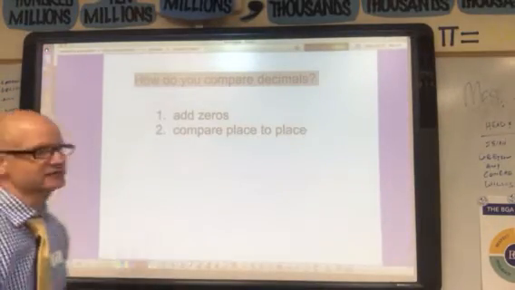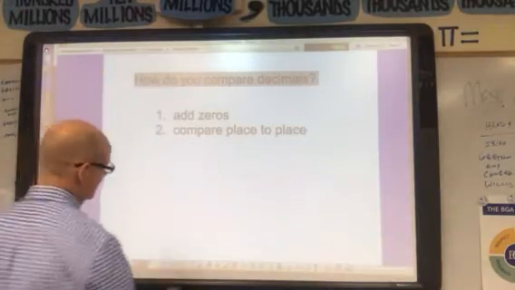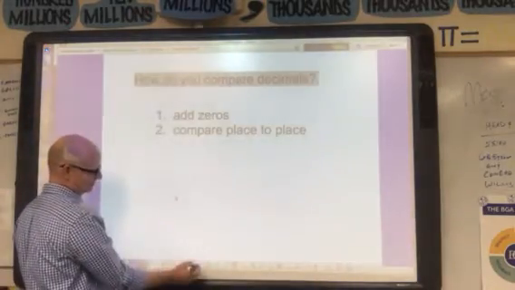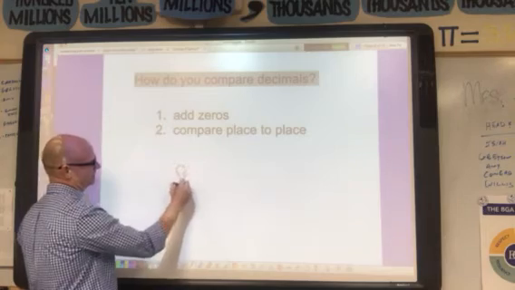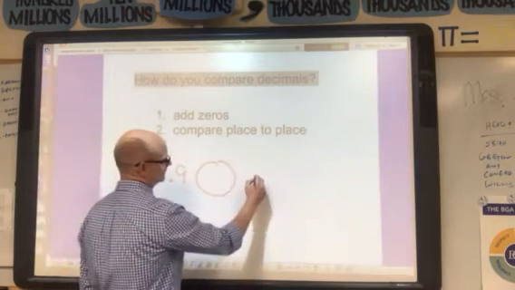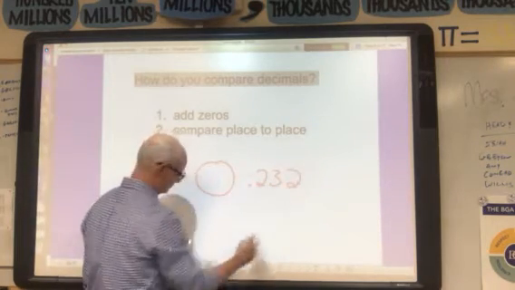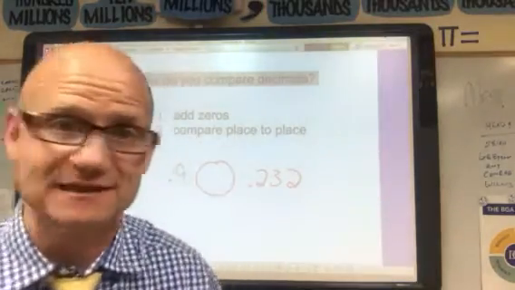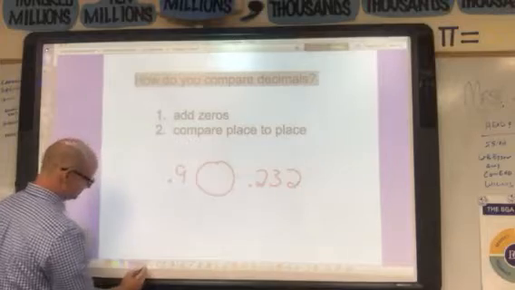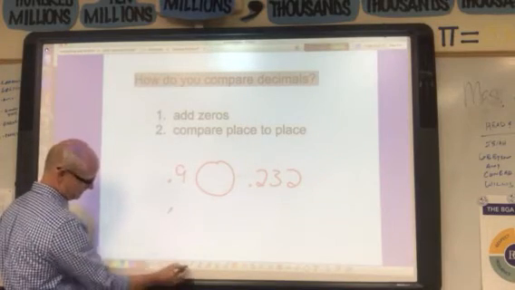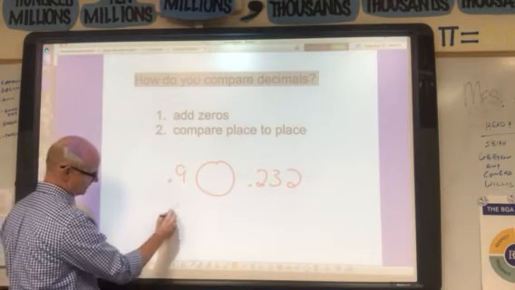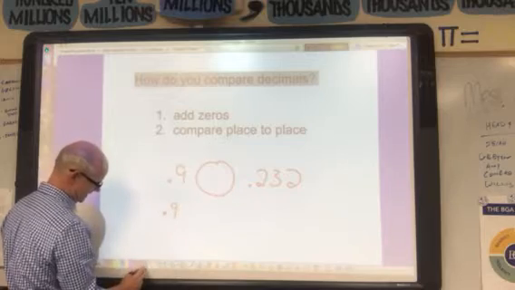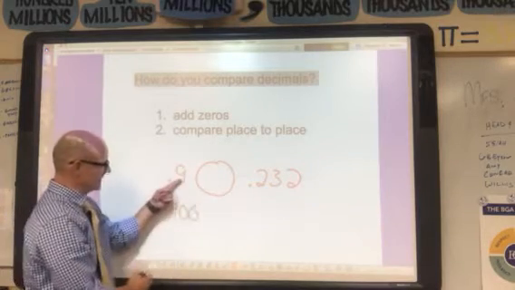So how do you compare decimals? Some students compare decimals by just adding zeros. Some students like to add zeros until both numbers go out to the same place. Here's what I mean. I have 0.9, but I can add a 0, because this is 9 out of 10.